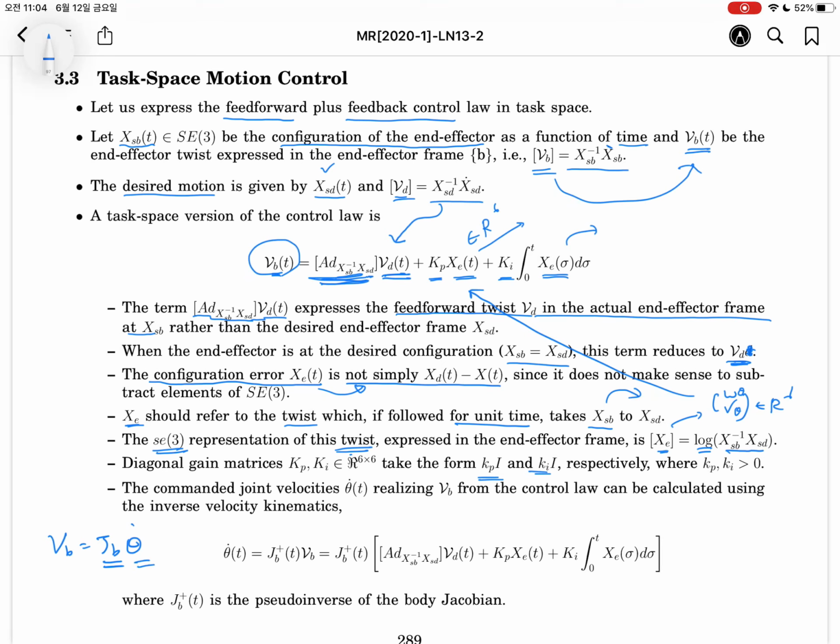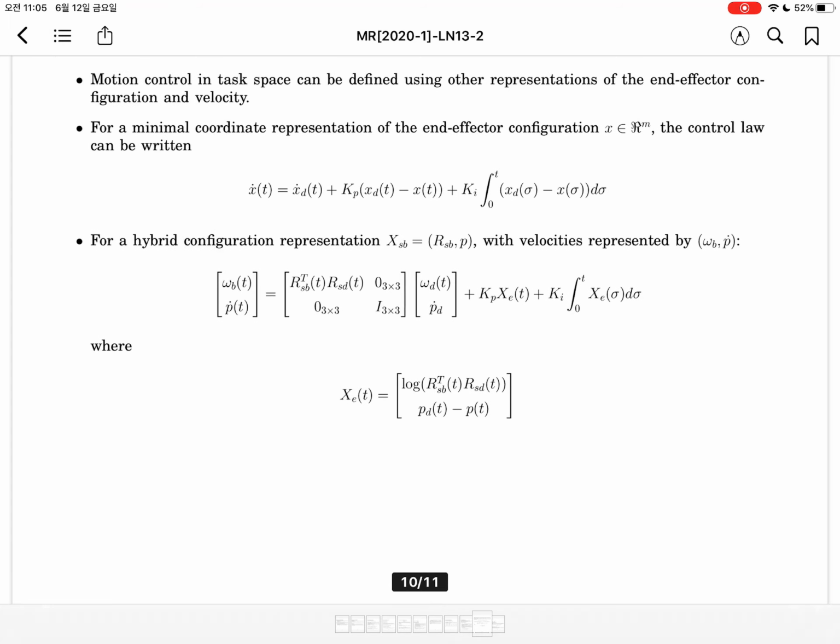If you have the inverse of the body Jacobian, then we can get theta dot. So this velocity relationship is used to make the joint velocity the commanded velocity. So with JB, this is the task space motion control.